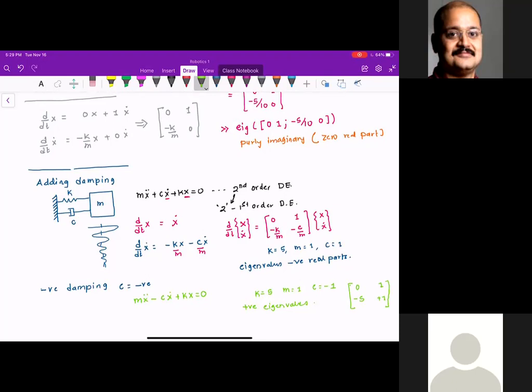So basically, what are eigenvalues and eigenvectors? Eigenvalues and eigenvectors give you the decomposition of the matrix. Now, what do I mean by decomposition of a matrix?